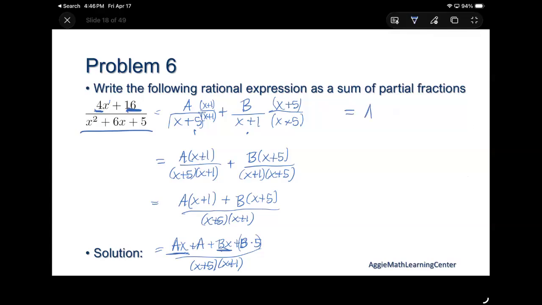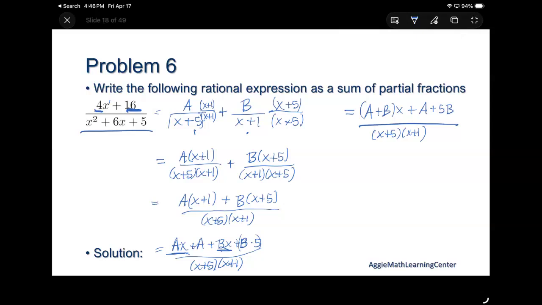So I have a plus b times x, and then there's the constant terms, a plus 5b, all over the common denominator. I know I can do that because if I multiply the x back out, I'd have ax plus bx, and that's exactly what I started with.